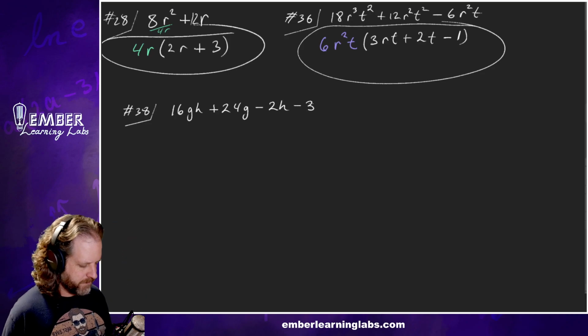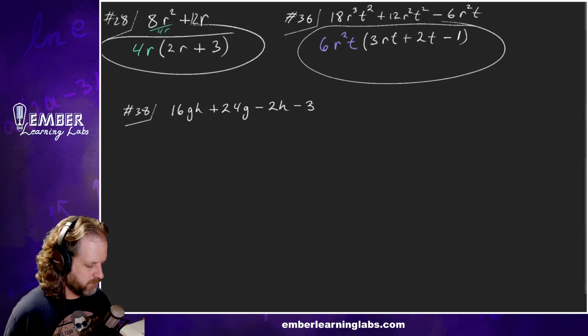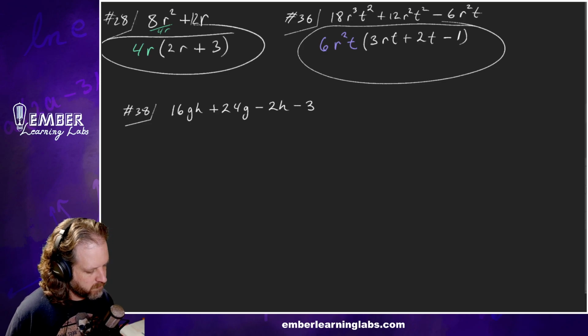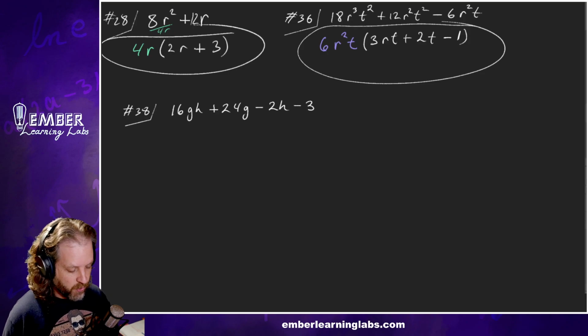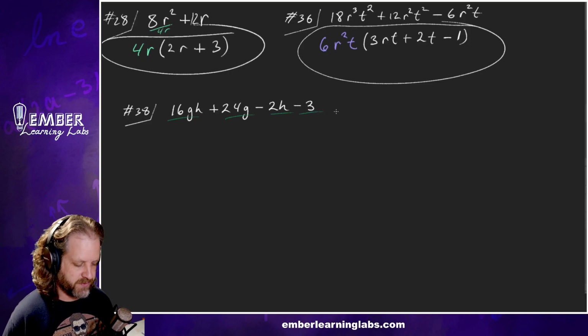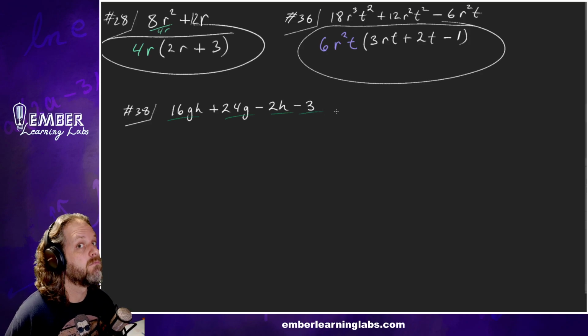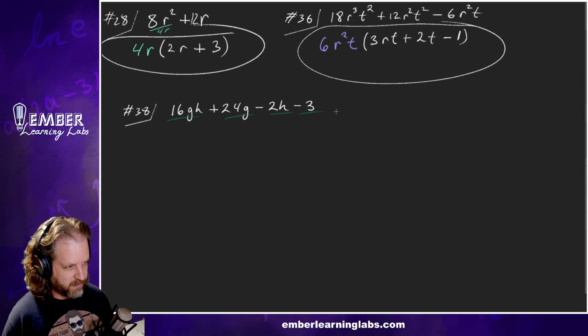All righty. What are we going to do here? Okay. So we might look for a common factor in everything. Is there something in common between all of those? There is not.